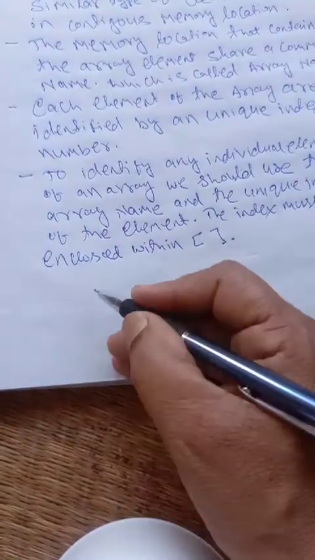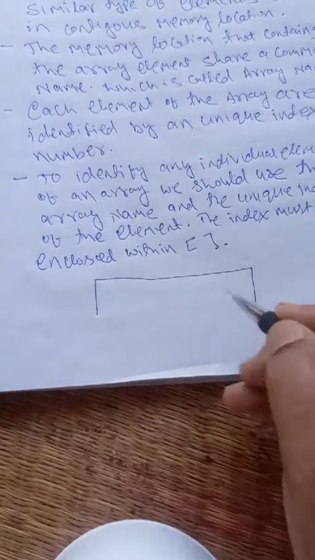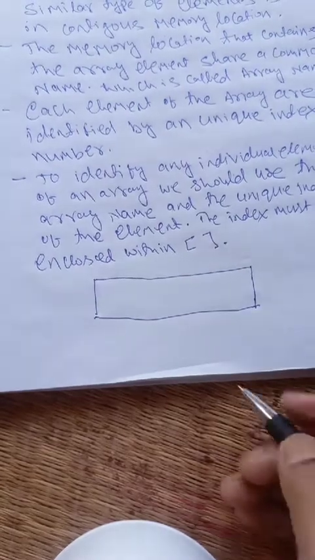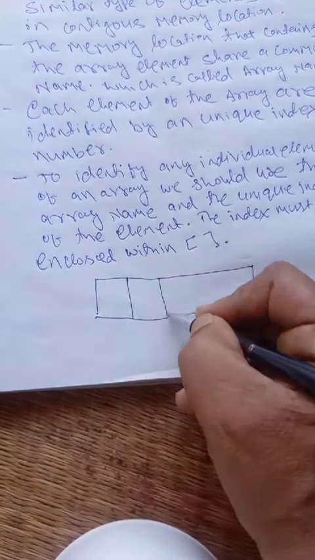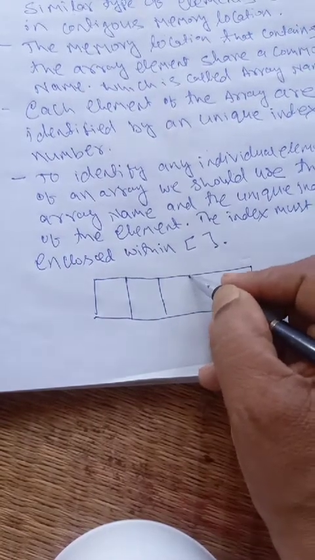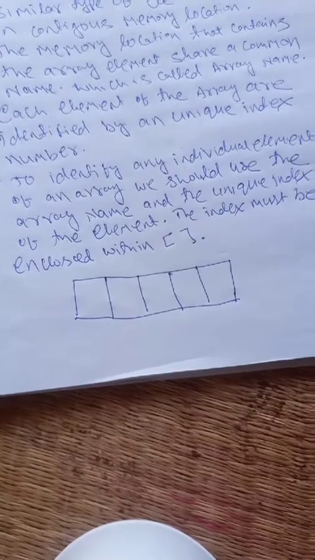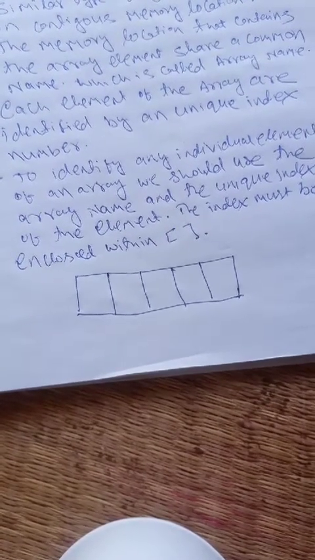Let us assume we have an array of size 5. This means the array contains 5 contiguous memory locations in which we shall store 5 homogeneous data.